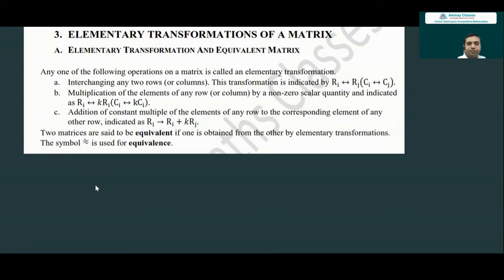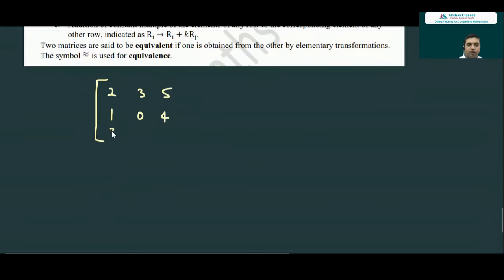So this is a matrix: 2, 3, 5; 1, 0, 4; 3, minus 1, 2. This is matrix A. Now I'll make an equivalent matrix.